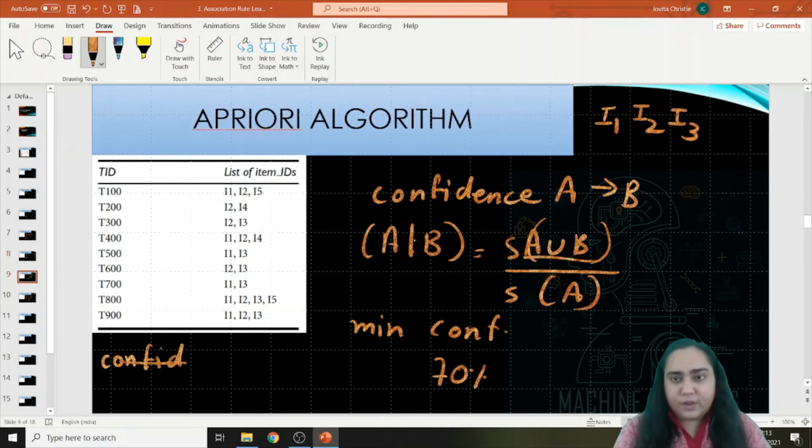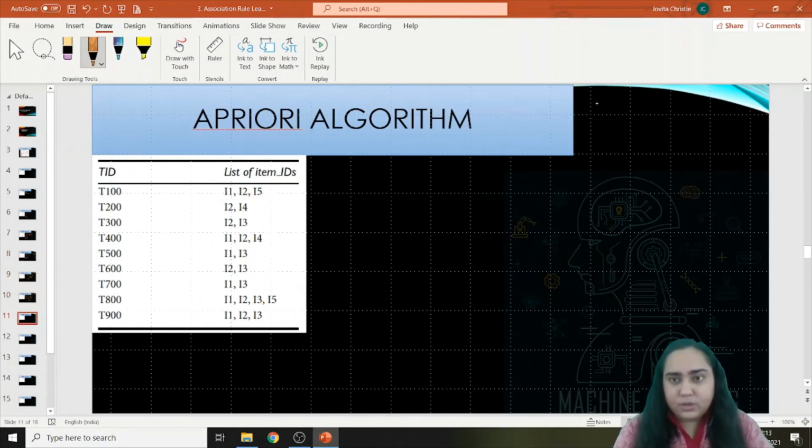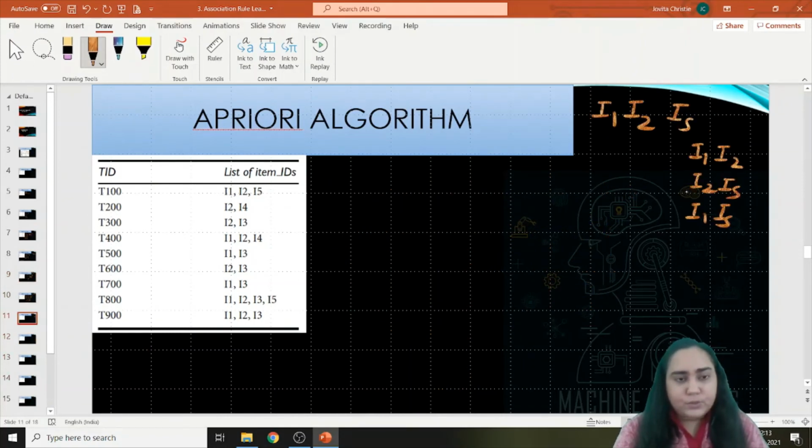But let's consider the next frequent item set we got, which was I1, I2, and I5. So let's talk about I1, I2, and I5. For I1, I2, and I5, I'm going to just go back and get the counts of all these variables here. So I need I1, I2, I need I2, I5, and I need I1 and I5. So let's go back and find out the counts for 1, 2, 2, 5, and 1, 5.